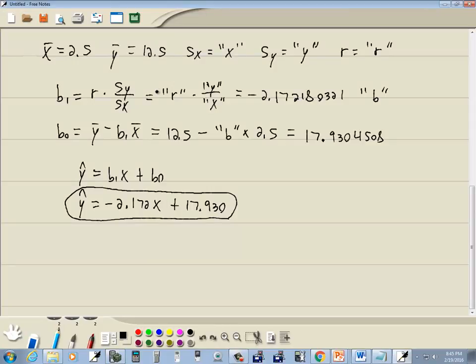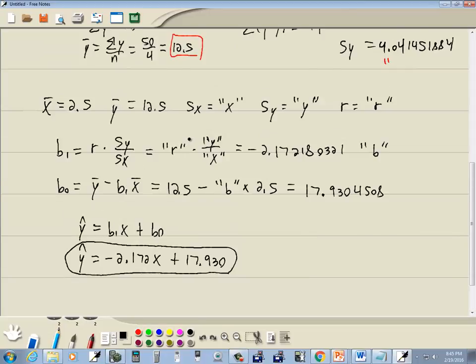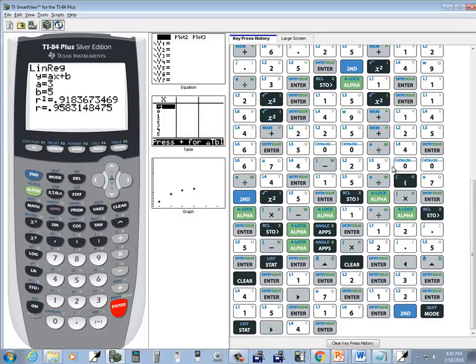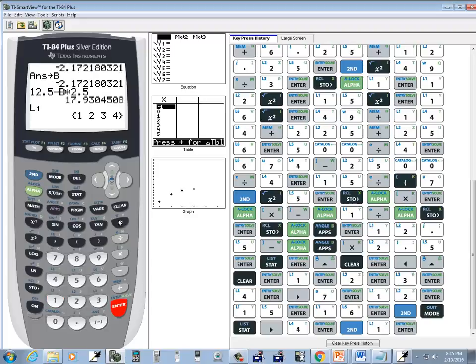Okay. R times. Well, I know my R is correct, so let me go back and double check that. S sub y. Me doing alpha y. Oops.